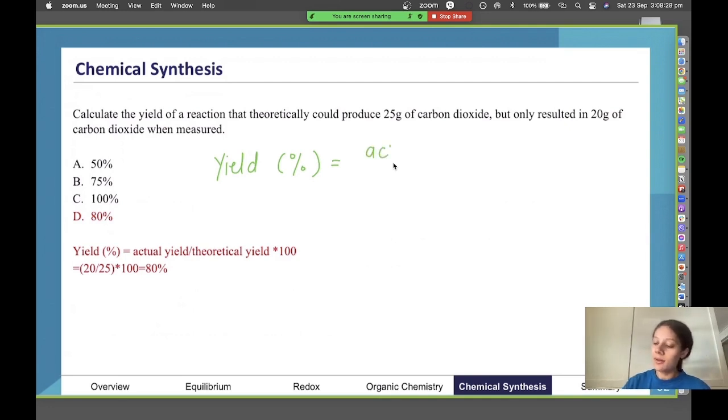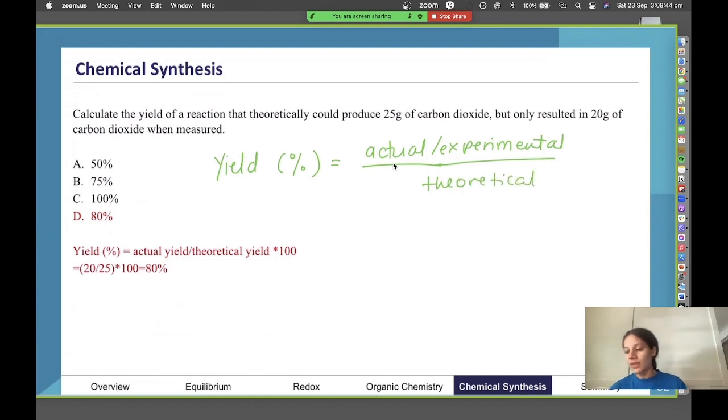We have actual, or we can call this our experimental, is another way we can phrase it, over our theoretical. And then we multiply it by 100 to give us our value in a percent.